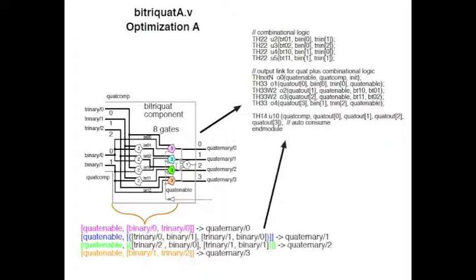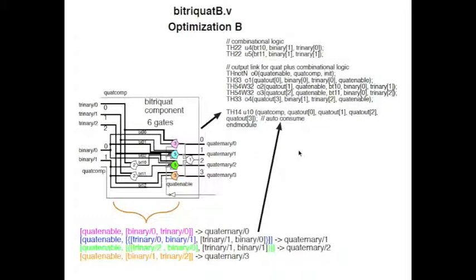And for each circuit, we have the Verilog program that implements that circuit. So this is optimization A, and the Verilog circuit is bitrack quat A.V. So this is optimization B. It's just another factoring of the equations and another mapping into gates in the library. This is the Verilog program that implements it.